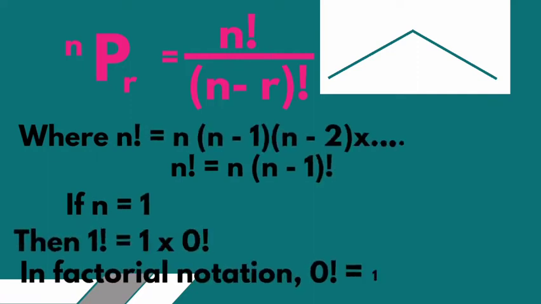So it means n factorial is equal to n multiplied by n minus 1 factorial. Now, if n is equal to 1, then 1 factorial is the same thing as 1 multiplied by 0 factorial. In factorial notation, 0 factorial is equal to 1.